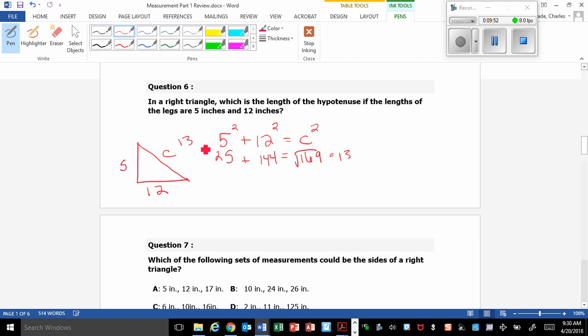So the hypotenuse is 13 inches. And we see that it is longer than 5 and 12, so we should be good there. What's this one called again? Pythagorean triple.